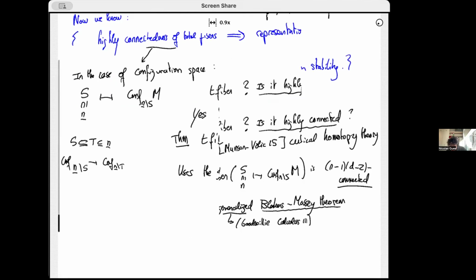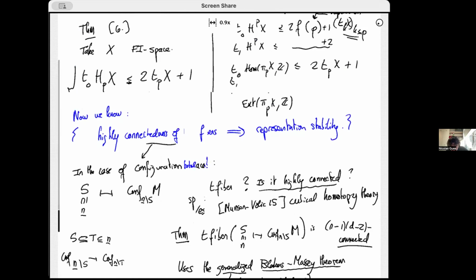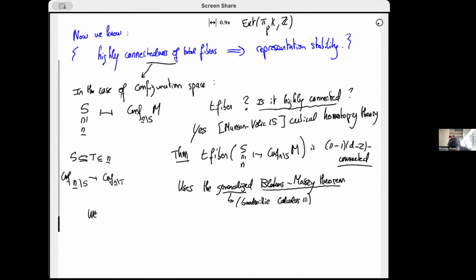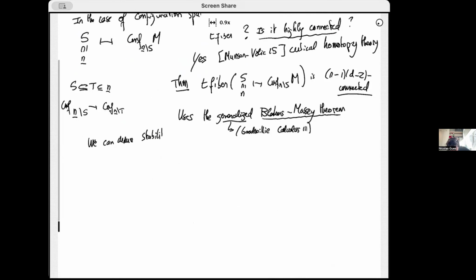So we saw that we can deduce stability for both these invariants, H_i of configurations, or pi_i. Actually, first of all, it's not obvious that we can deduce that from an unstable information, because this stability for spaces is really for unstable homotopy types of configurations, and it's not obvious to see that the stability for the cohomology comes from something that holds already at the unstable level.